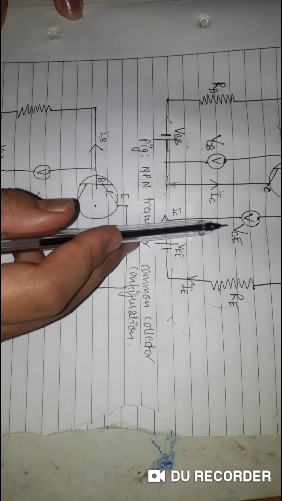This is VCE and this is VCB, but this tends to be exactly the opposite one. That means here it is VCE, so it is VEC, and here it is VCB, so it is VBC. So that is all about it. PNP transistor with common collector configuration.